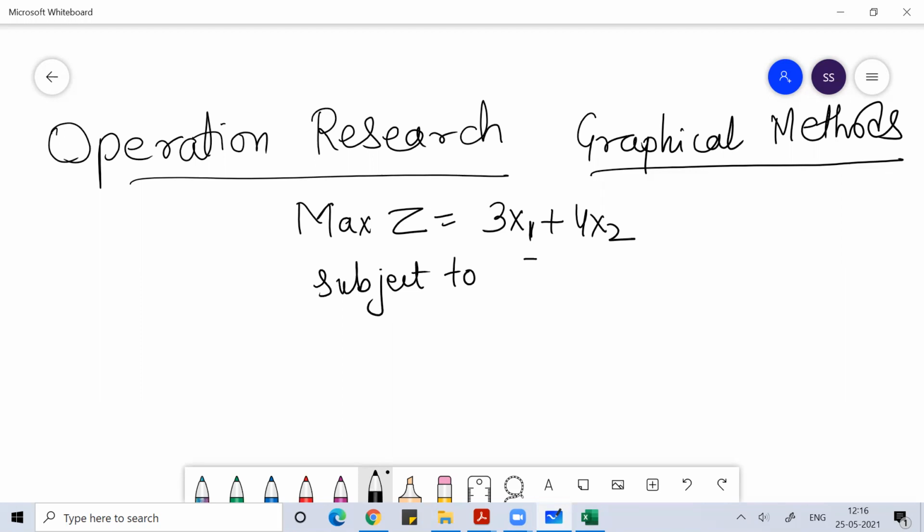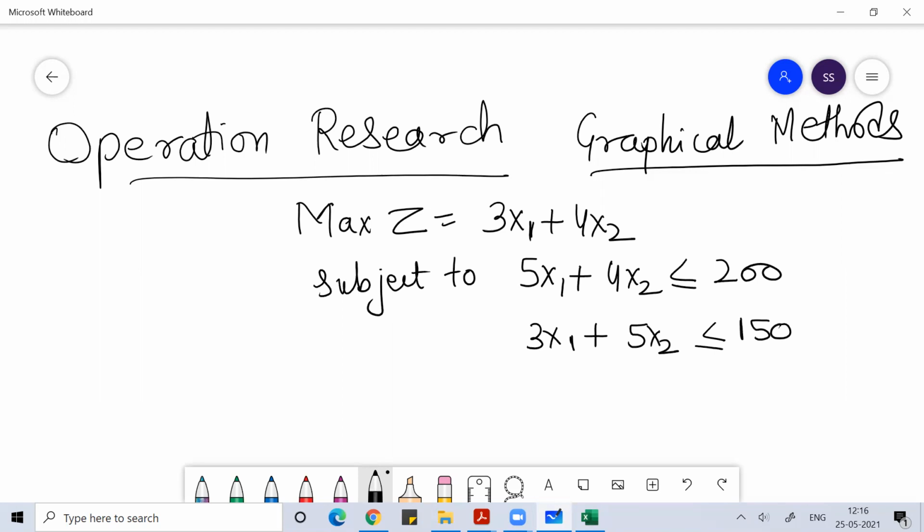So maximize z equals 3x1 plus 4x2, subject to 5x1 plus 4x2 is less than or equal to 200, then 3x1 plus 5x2 is less than or equal to 150.